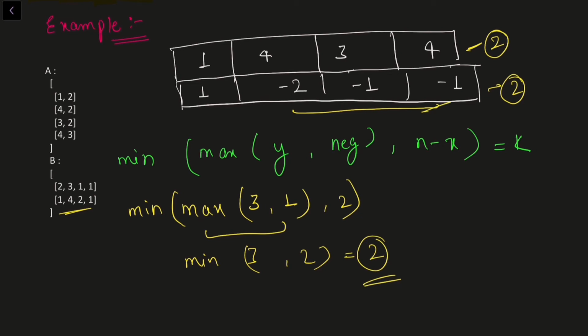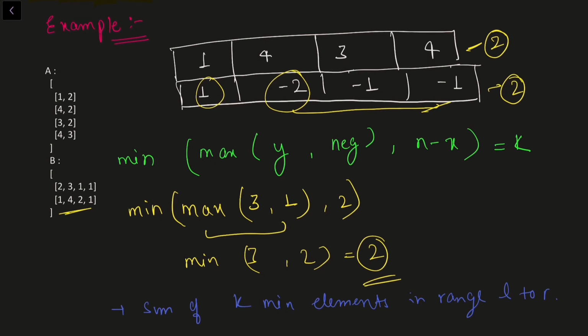Now since I need to select 2 elements of type 2, I need the sum of the 2 minimum elements from type 2, right? Like I cannot select these 2 elements. Why? Because I need to minimize my answer. So I will select those 2 elements which are minimum at that point. So what I need here is the sum of k minimum elements in range L to R, right?